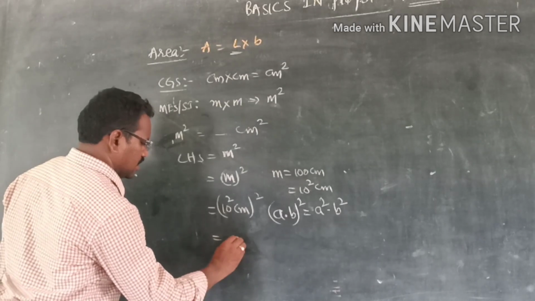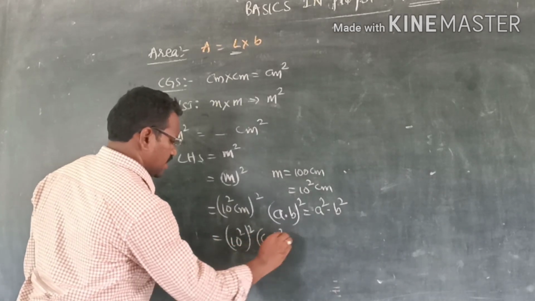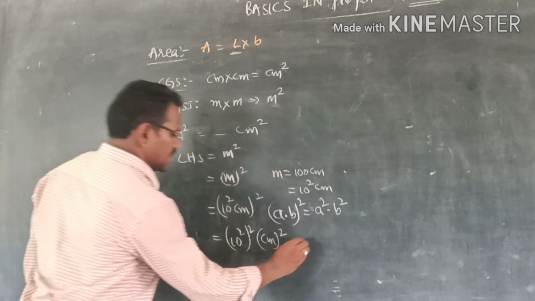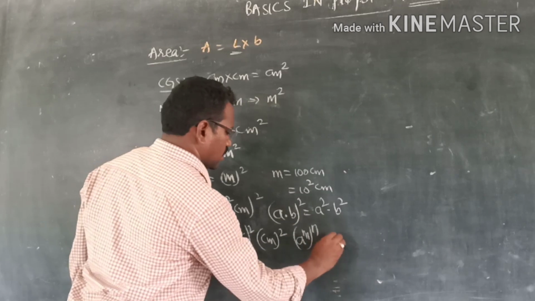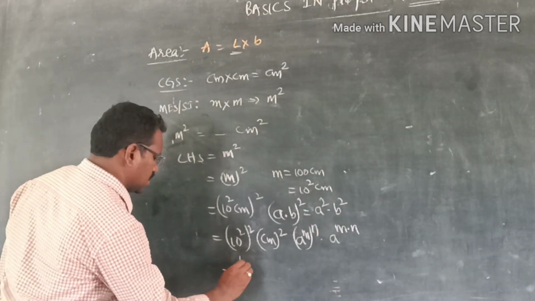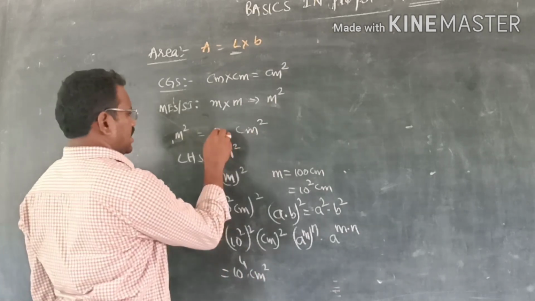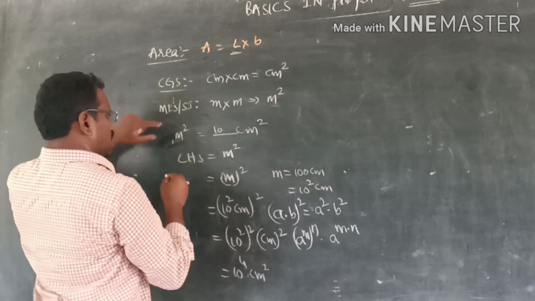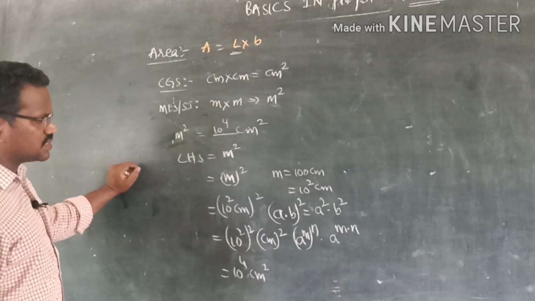Mathematically, we get 10 square whole square into centimeter whole square. This is in the form (a power m) power n is equal to a power m into n. So it becomes 10 power 4 centimeter square. Finally we come to know that 1 meter square is equal to 10 power 4 centimeter square.